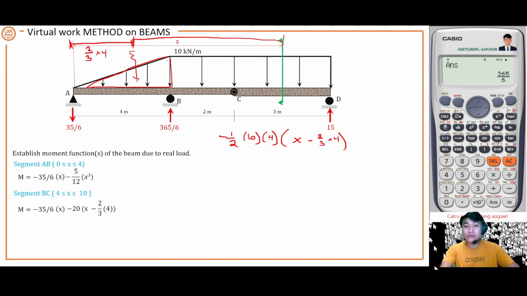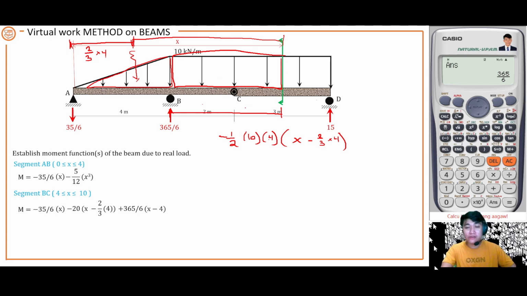Then we still have the concentrated load, this reaction at B. Likewise, about the cutting section, 3365 over 6, and then a distance of x minus 4.